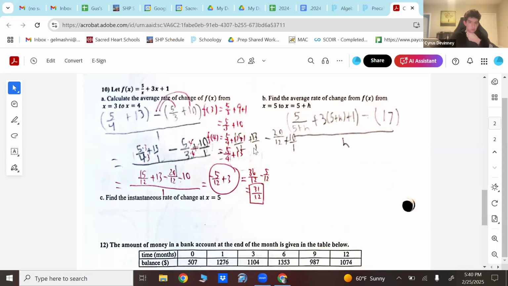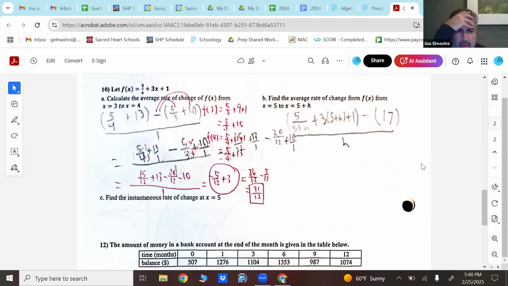Okay, and then like that one. Shouldn't we do... give me a second. I'm trying to understand your work for part B. I don't think I finished that one. No, you didn't finish yet. So what you want to do for part B, actually, let me look at your answer for part number 10.